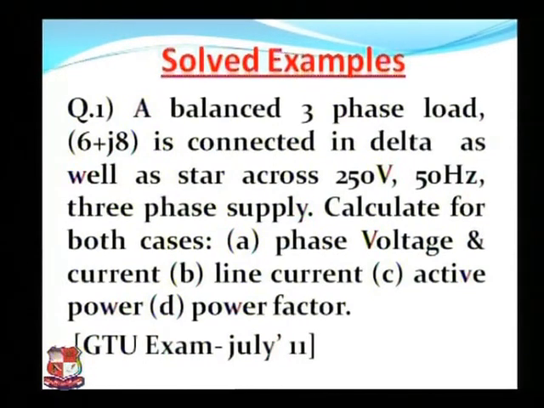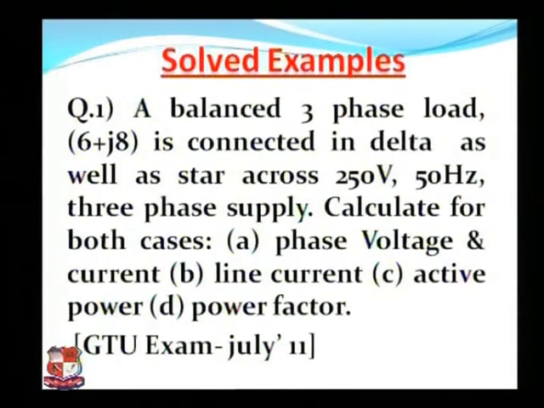As per our previous video, the impedance Z has the same amplitude and the same phase between A to B, between B to C, and between A to C. So again, a balanced three phase load which has the value 6 plus J8 is connected in delta as well as star.